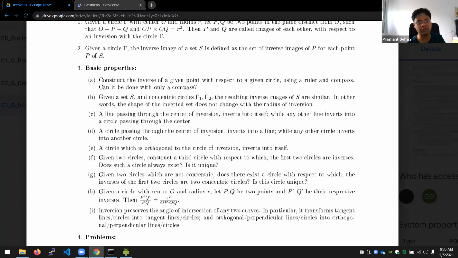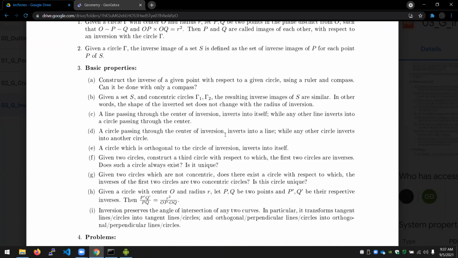So how can we construct the inverse with ruler and compass? R square is equal to OP into OQ. The typical Pythagoras kind of setup you can use. If you know any two of the quantities, you can find the third quantity.